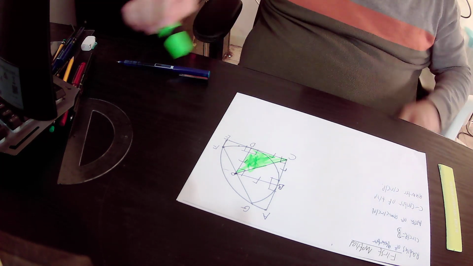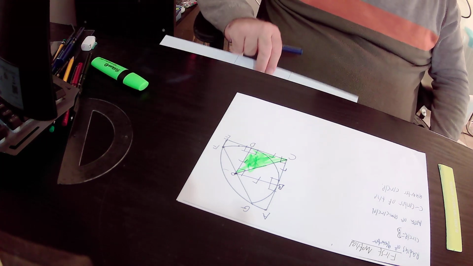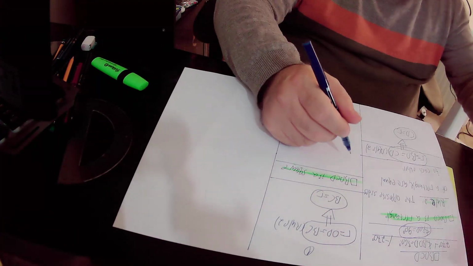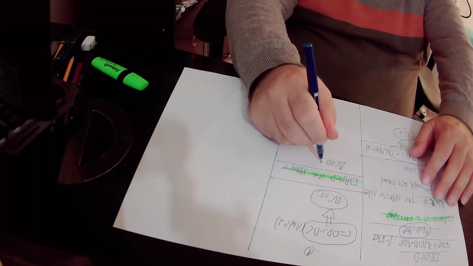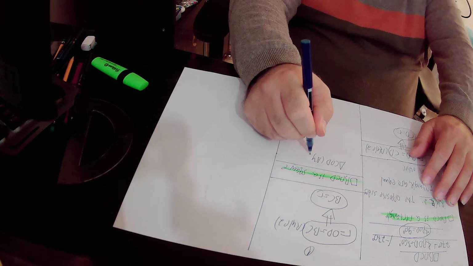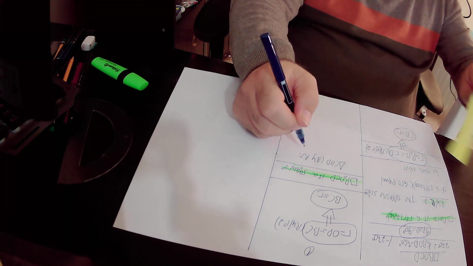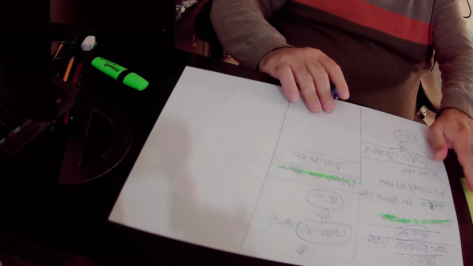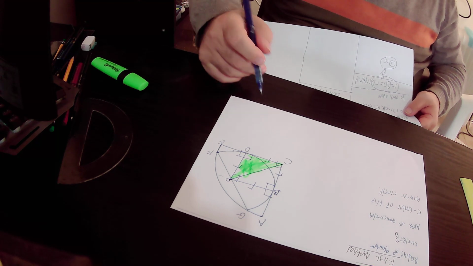So according to the Pythagoras theorem, in the green right triangle, triangle COD. Here PT is an abbreviation for Pythagoras theorem. According to the Pythagoras theorem, the square of the hypotenuse equals the sum of the squares of the perpendiculars.